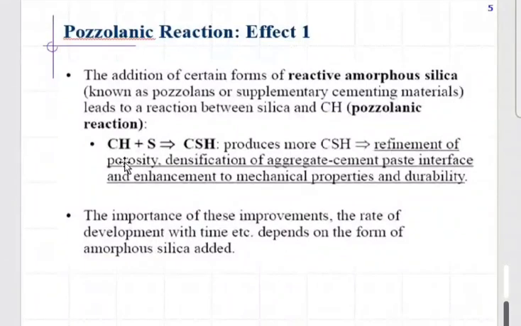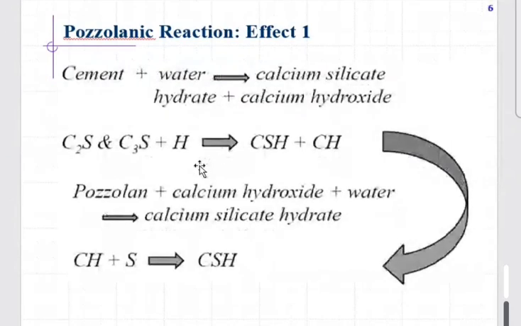So if someone asks you how these pozzolans or supplementary cementitious materials work, mechanism wise, how they are increasing the durability, you can give this reaction: CH will react with the amorphous silica and it will give you the secondary calcium silicate hydrate. This is one effect, the pozzolanic reaction.